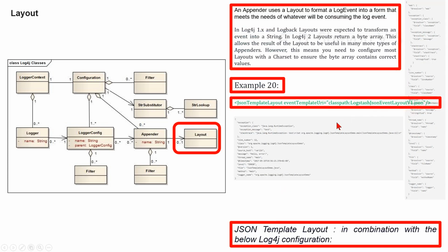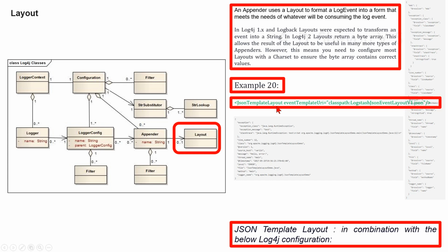Now we are considering JSON template layout in combination with the Log4j configuration below. The JSON template layout is a customizable, efficient, and garbage-free JSON emitting layout. It encodes log events in accordance with the structure described by the JSON template provided.